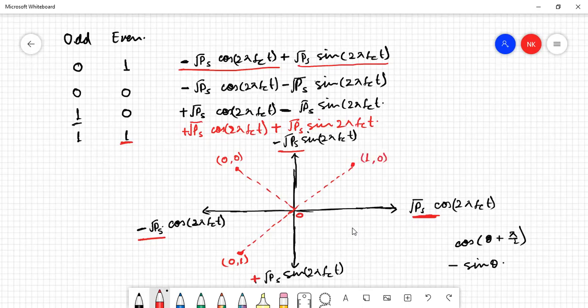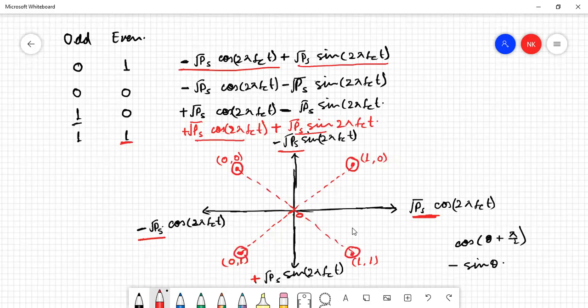And the last point is 1, 1. So where can we get it? Where both of the components are positive. So in this case, here we are getting that point which is 1 and 1. Okay. So here we have got the phasor diagram of the DPSK. Okay.